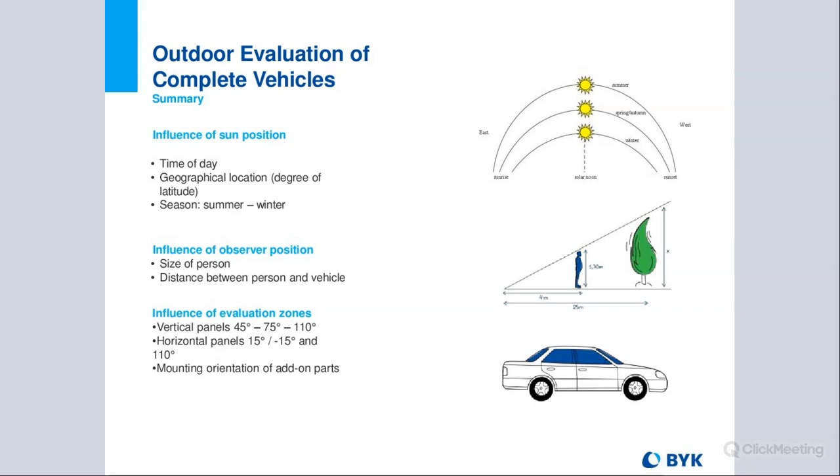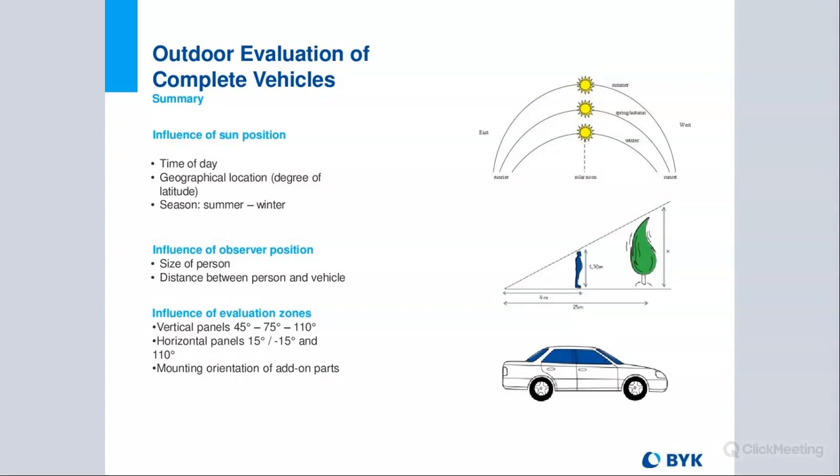So it's important that we remember that the time of day and where the sun is relative to us is important. Where we are geographically, like the different cities I showed you, the same date and time, the sun is not in the same place. What season it is, summer or winter.